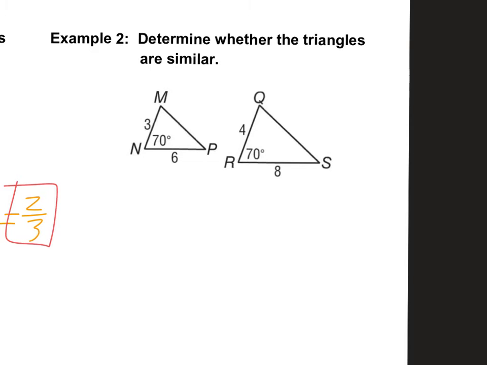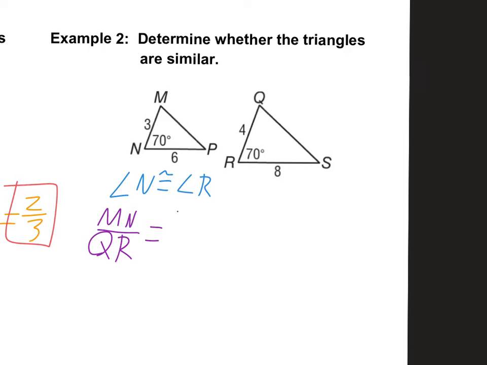So first things first, check our angles. Angles are congruent. So angle N is congruent to angle R. Then we want to see, well, what's the relationship between MN and QR?